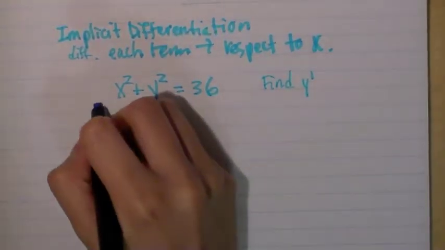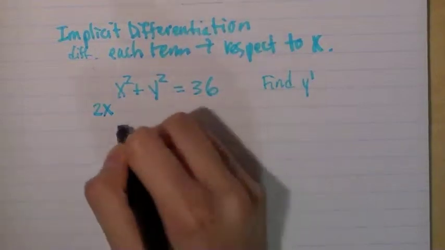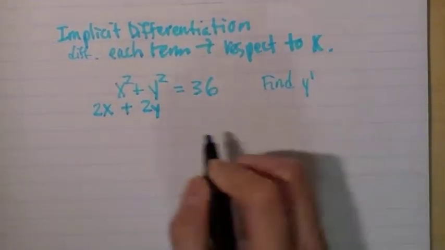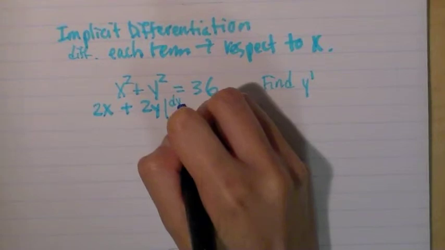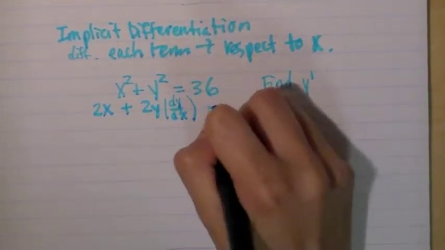Let's say here's our problem: x squared plus y squared is 36, and you're asked to find y prime. So you're going to get 2x, differentiating with respect to x, plus 2y, and here's the thing you have to do, dy dx, because it's with respect to x, not y, and that will equal 0.